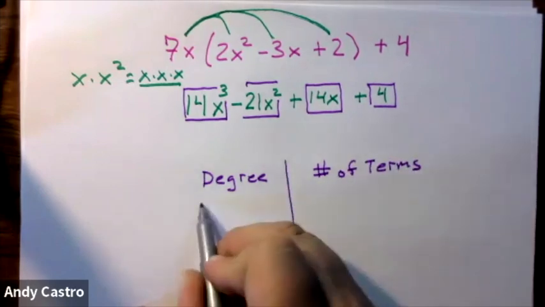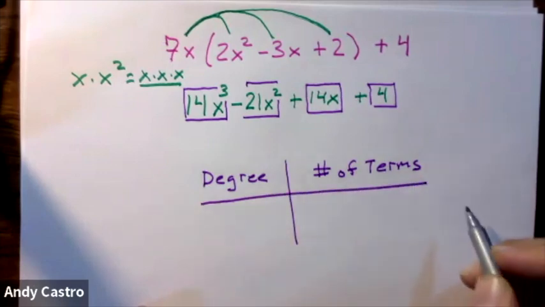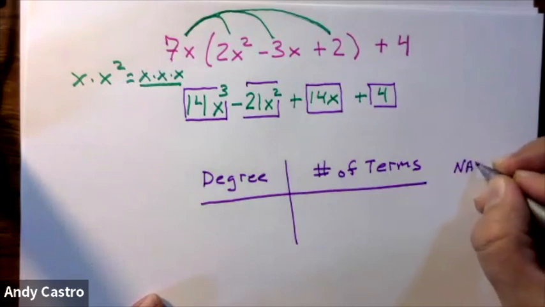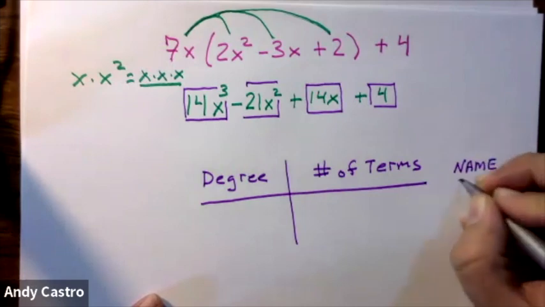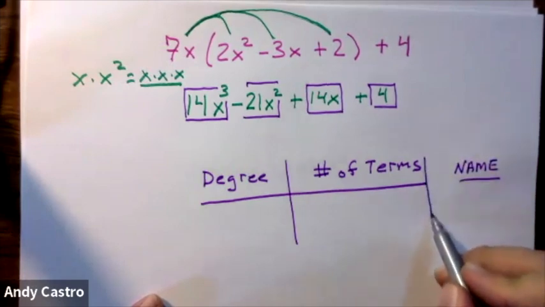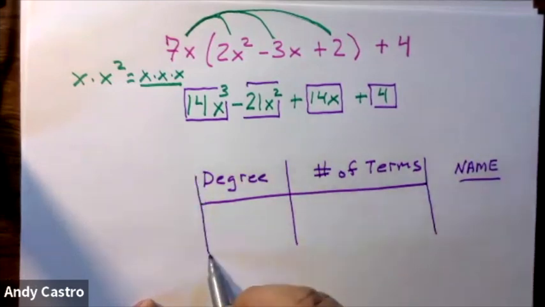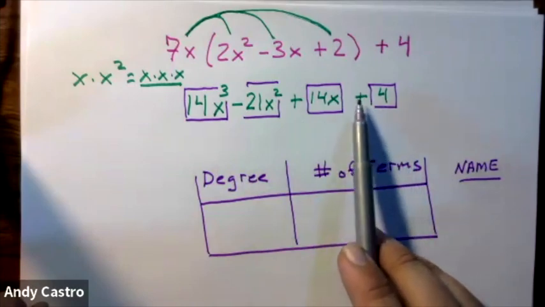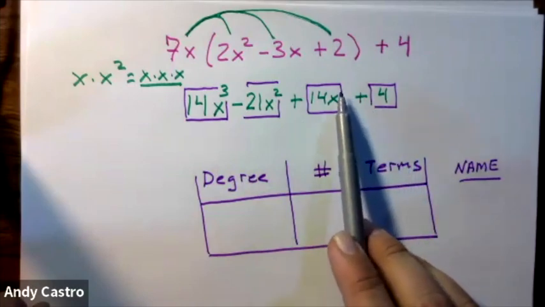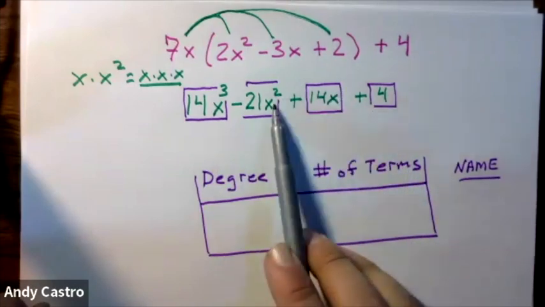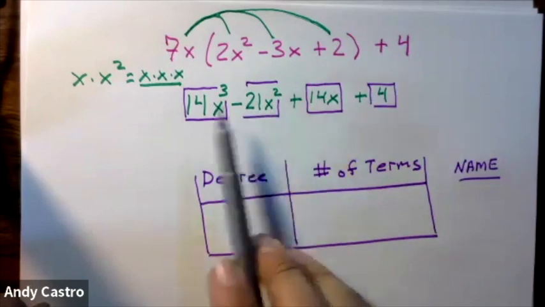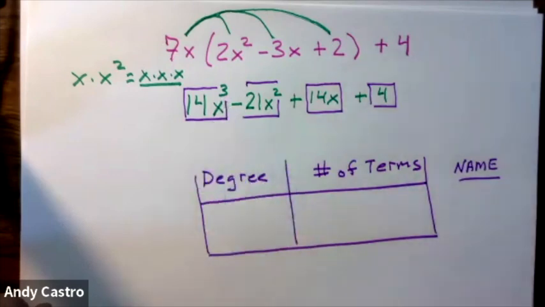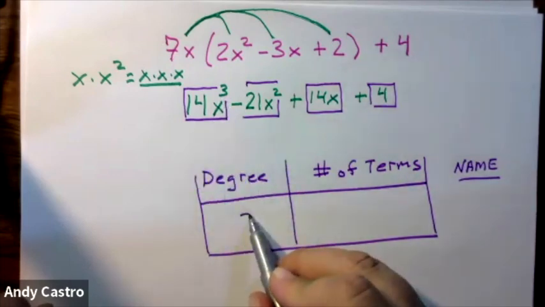Okay. Degree and number of terms. And that'll determine our name. Okay. All right, so let's look here. What is our degree? I have a 1 as my exponent on my x, a 2 on this x, and a 3 on this x. So this is going to give me a degree of 3.